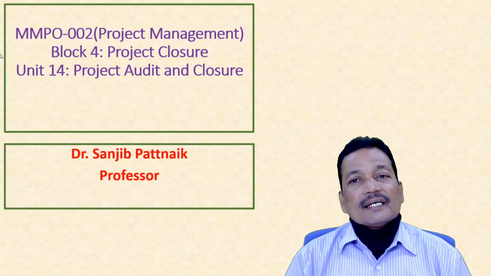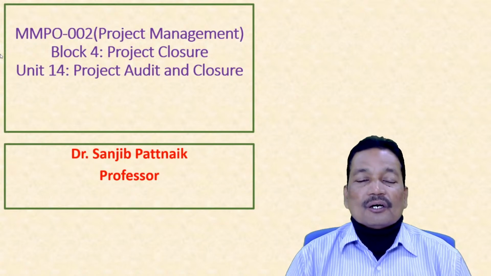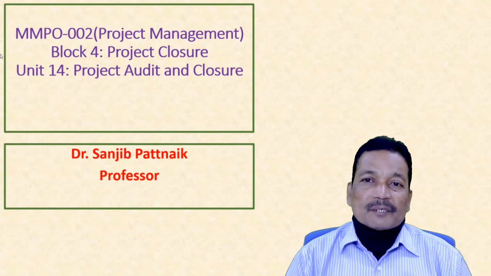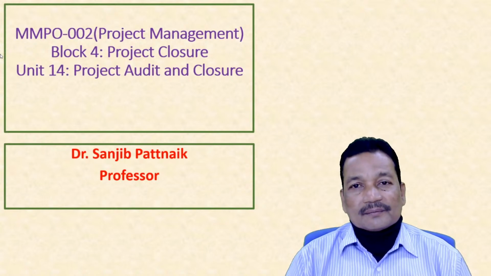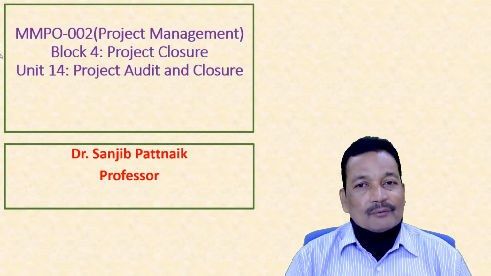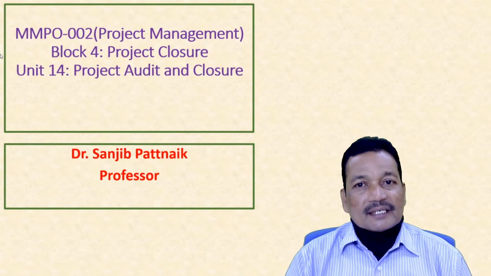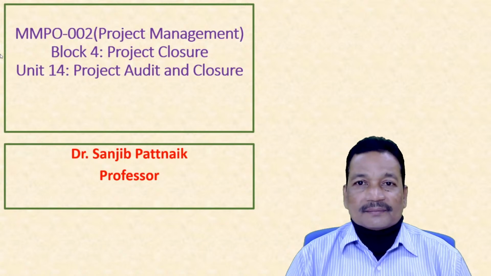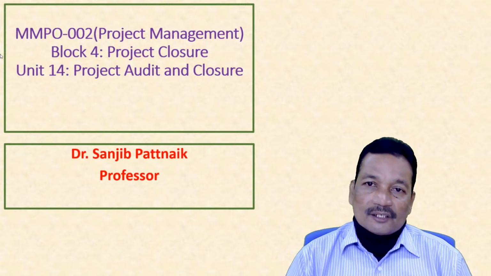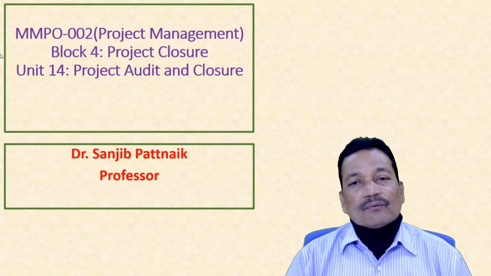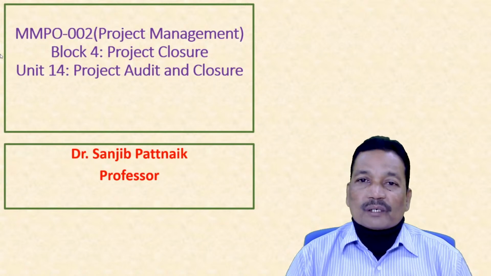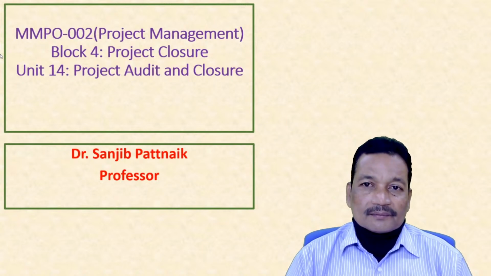Now, this is carried out by in-house personnel belonging to the project. So here again we can say, yes, there may be chances of biasness in judging the progress of the activities.